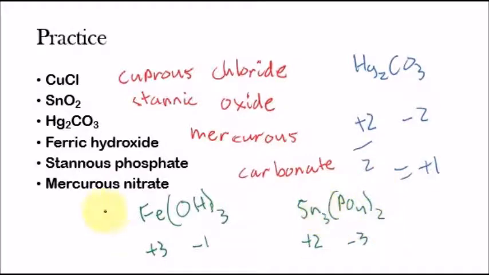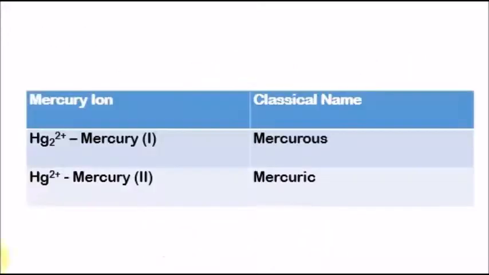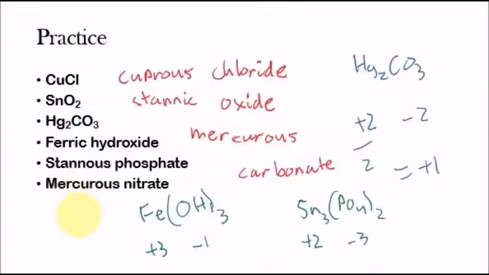Final example here, we have mercurous nitrate. Mercurous is Hg2 2+. Okay, it's Hg2 2+. It is not Hg 1+, it's Hg2 2+. Okay, make sure you understand that. So we have Hg2, and this has a +2 charge.